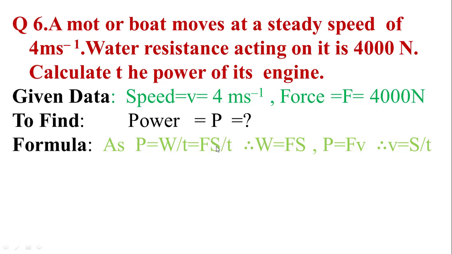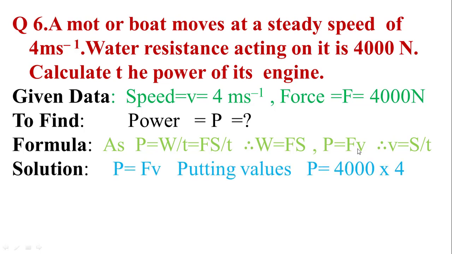Putting this value in the equation, power P is equal to Fs upon T. We also know that V is equal to S upon T. Putting it here, power P is equal to Fv. Now the final formula: power is equal to force multiplied by speed.